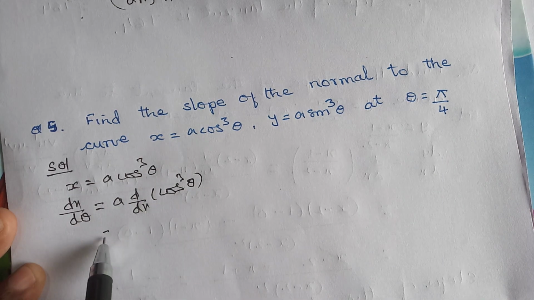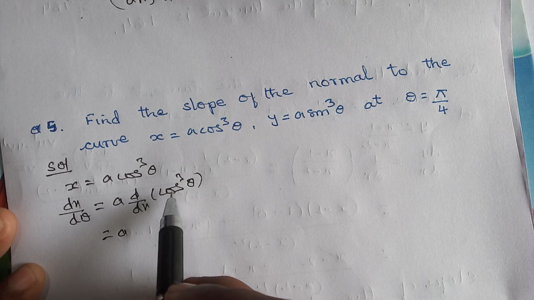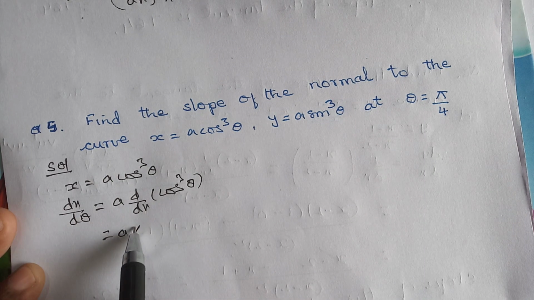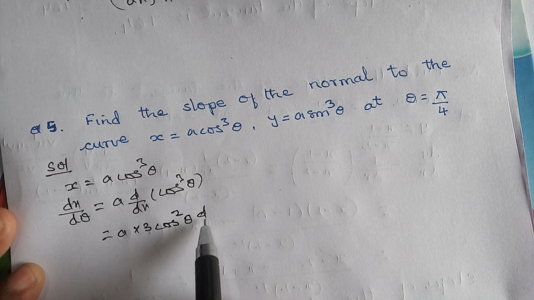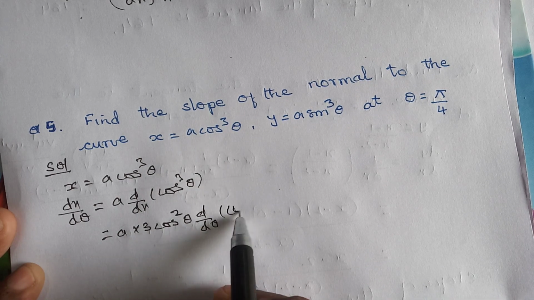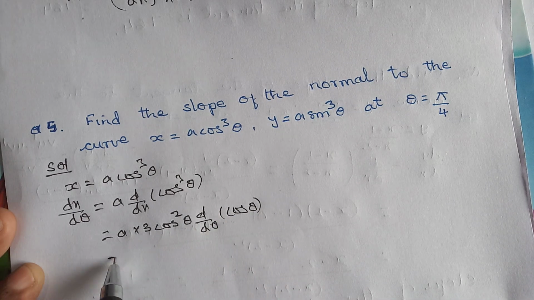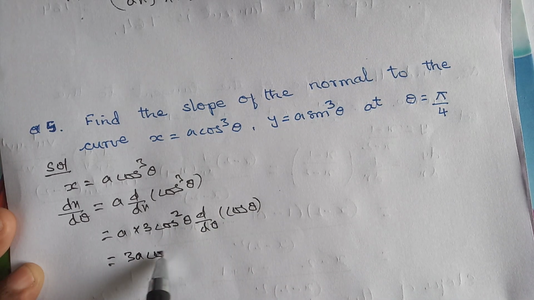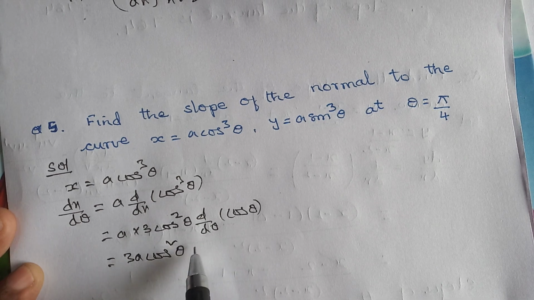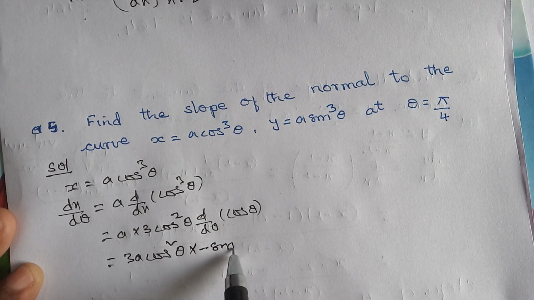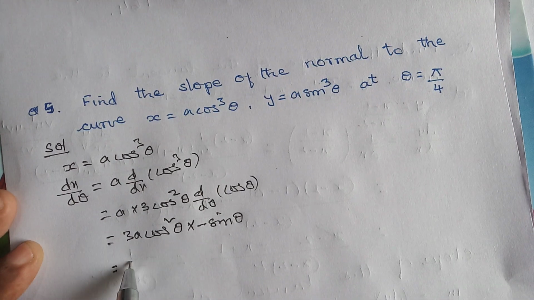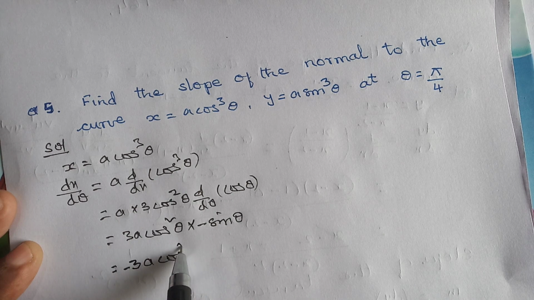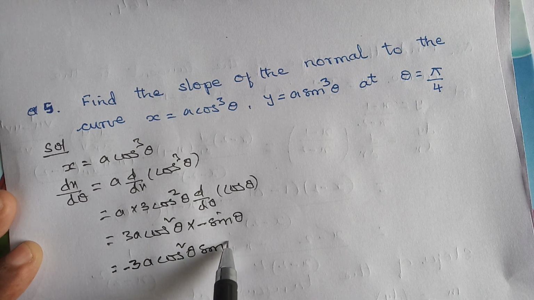It is of the form x power n, so you can write 3a cos squared theta, again d by d theta of cos theta. The derivative of cos theta is minus sin theta. Simplifying, dx by d theta equals minus 3a cos squared theta sin theta.